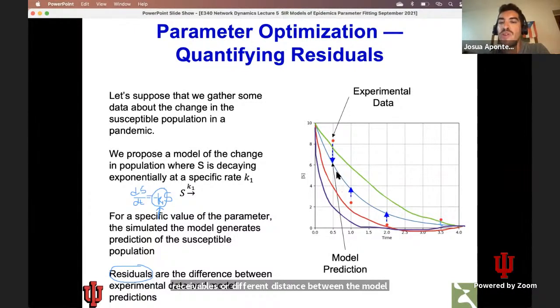So this introduces the idea that there is a value of K1 which will minimize the distance between the experimental data and the model prediction.